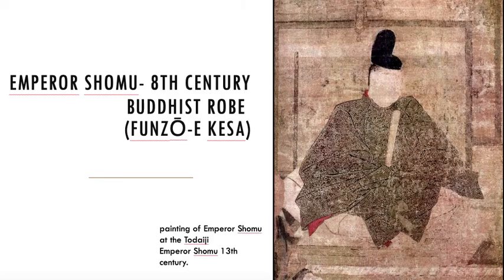So, an example of a higher class, higher quality Sashiko was the Emperor Shomu's Buddhist robe, Funzoe Keisa. I couldn't find a picture of the actual robe because it's in the Shosoin, the Imperial Repository in Nara, Japan.